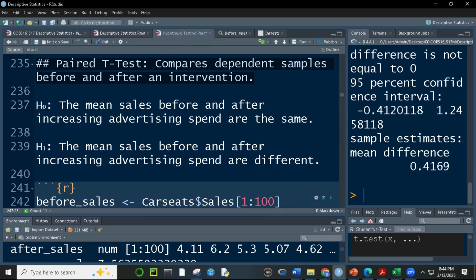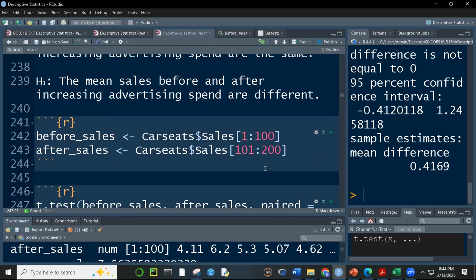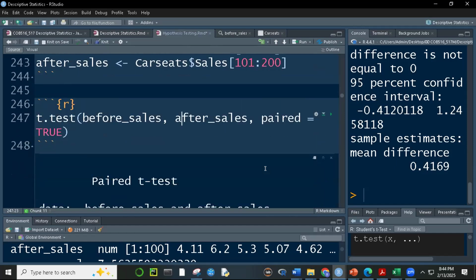So the implication of this, if you're in marketing, is, what was the advertising for? If there's no difference between the average sales before the advertising and after the advertising, then of course we can come up with certain decision making about this for the company, for the marketing department.